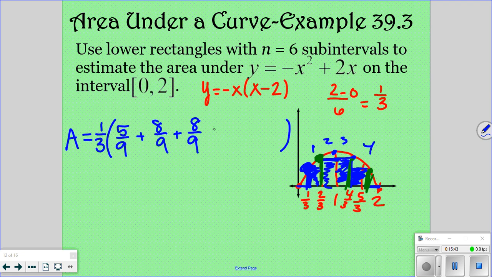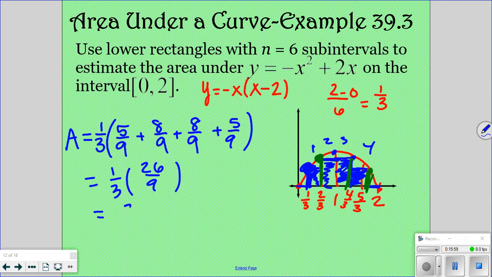Then you should get 5/9. Okay, so if you add those together, you should get 26/9, and then if you multiply by a third, you should get 26/27. So that should be the area under that curve, or the estimation of the area under that curve.